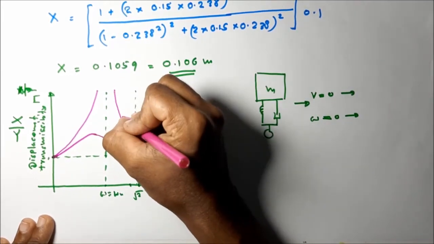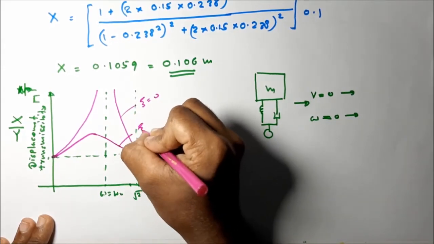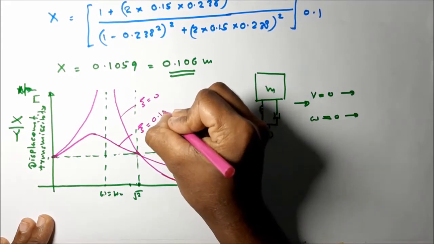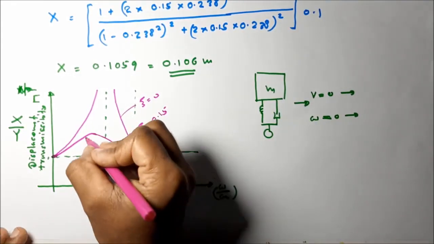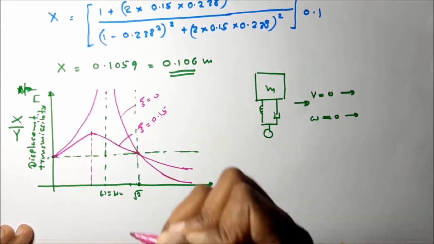Let's take the problem's value, theta equal to 0.15. You can see the maximum displacement transmissibility occurs somewhere in here.